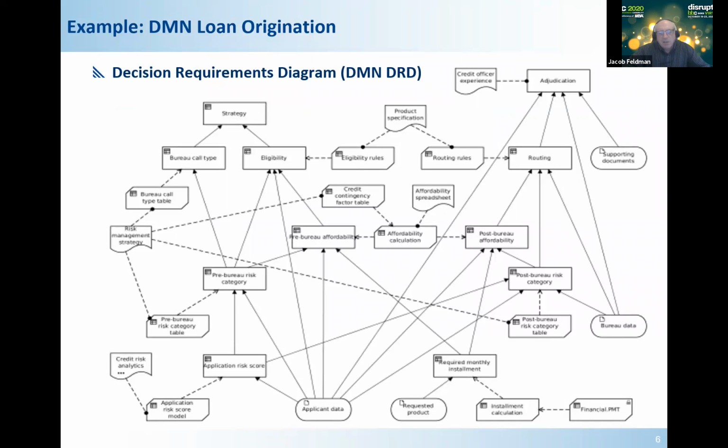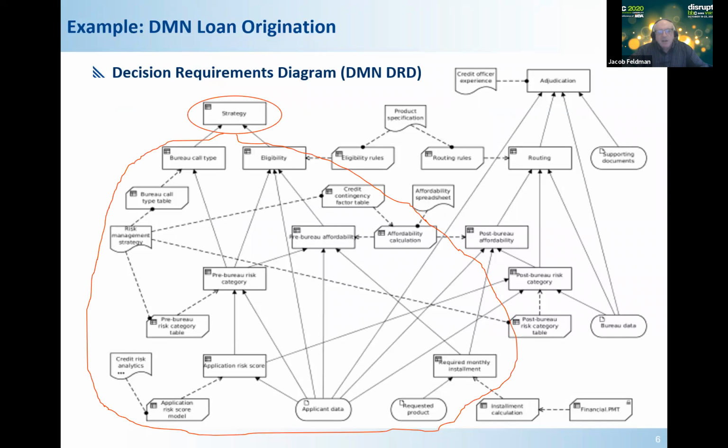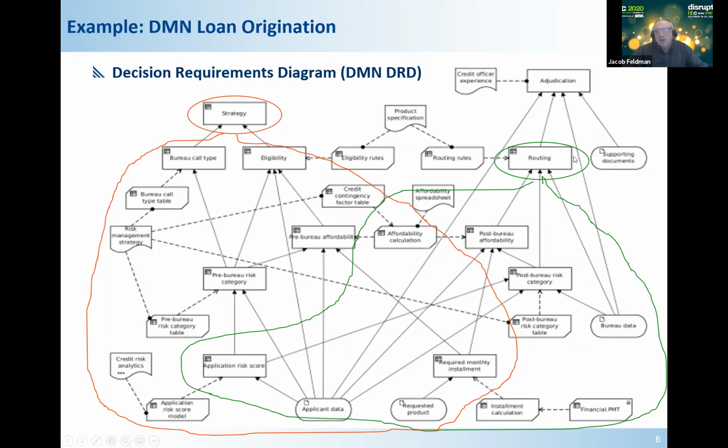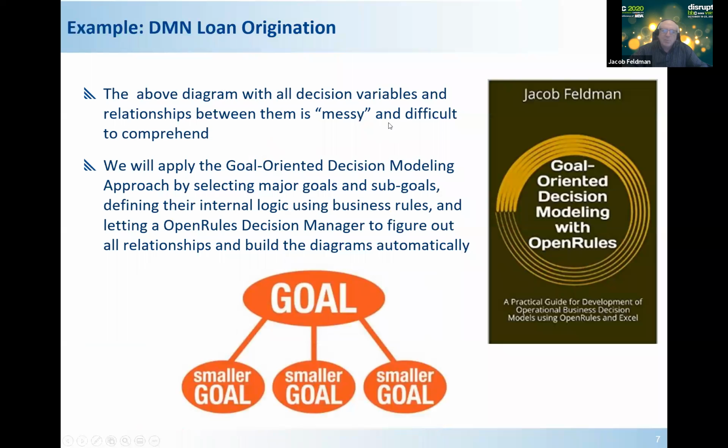But in reality, this diagram represents our bureau strategy and all related boxes, goals, and sub-goals to achieve this strategy. It also represents routing. You can see some of these sub-goals are common for both, but in general this diagram is really messy. It's difficult to comprehend, and this is not a very complex example. In real life, it's much more sophisticated.